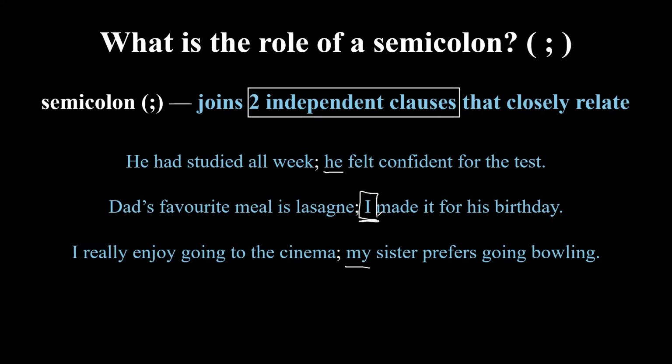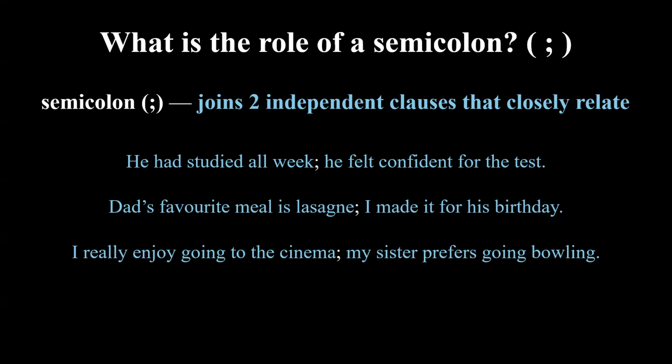Yes, perfect. I is a personal pronoun and it always has a capital letter. So I haven't really broken the rules. We don't put capital letters after semicolons, but if this were a proper noun like London, England, or a name, any word that usually has a capital letter is still going to keep its capital letter. That doesn't change. But words that don't usually have a capital letter, we don't give them one.